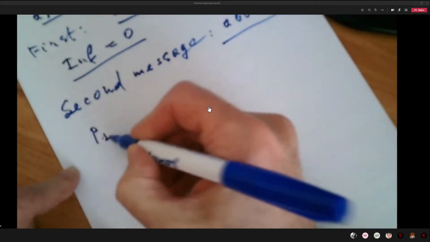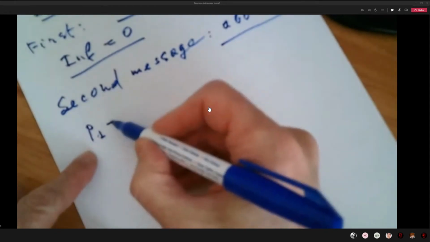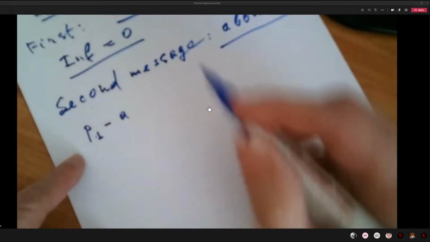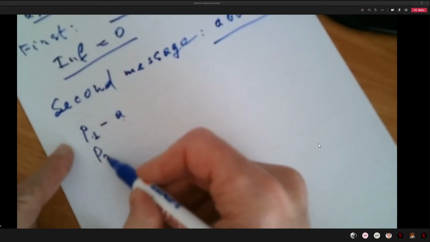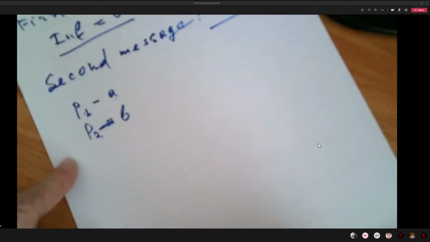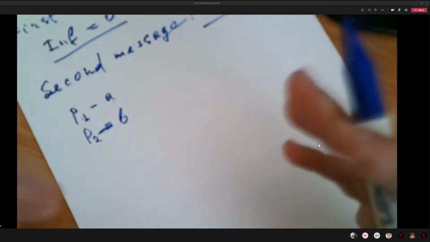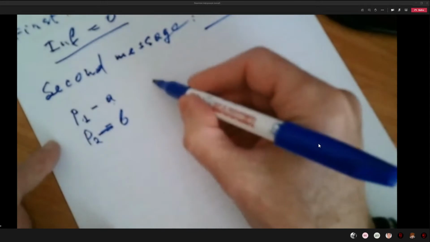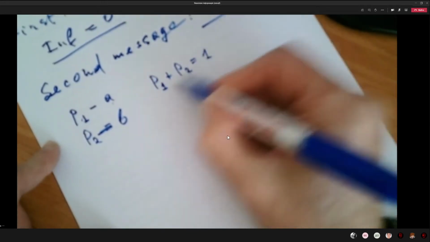P1 is the probability to find A in this message, and P2 is the probability to find B in this message. Of course, because it is a probability and we have only two possibilities, A and B, P1 plus P2 is equal to 1.